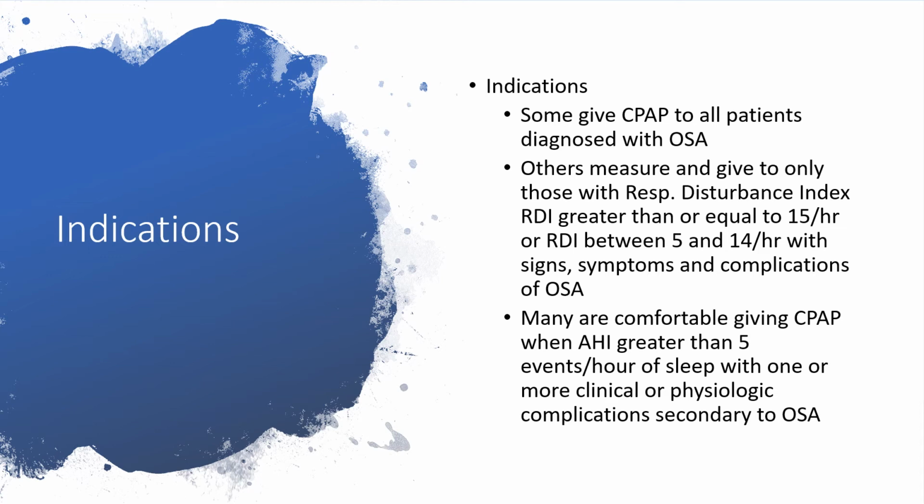And I will prefer, if it's not giving complications, it's not giving signs and symptoms, let the individual embark on some behavioral changes like stop smoking, stop alcohol, lose weight. Then let's see how that will improve the situation before we prescribe CPAP.